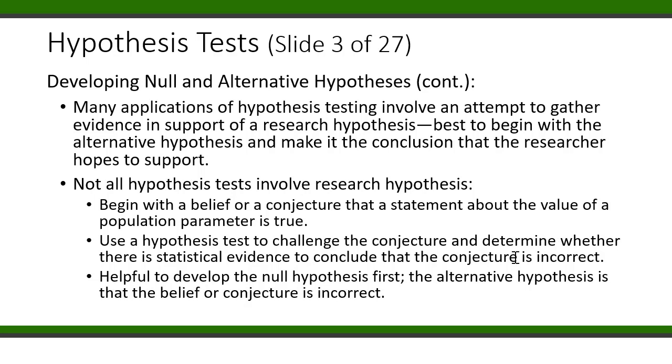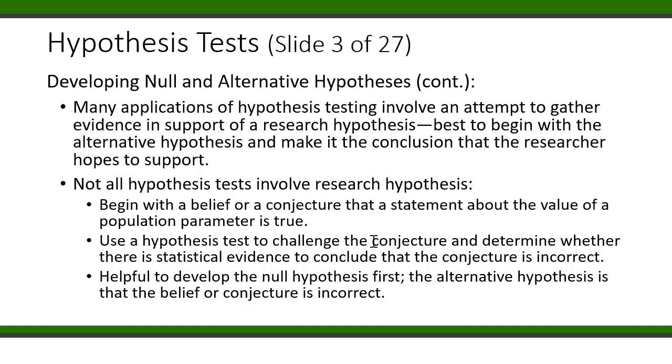Those hypotheses don't always have to be about research, but you typically would begin with a statement about the value of the population parameter that you think is true. In my example, I think that the average of the next test will be equal to 92.